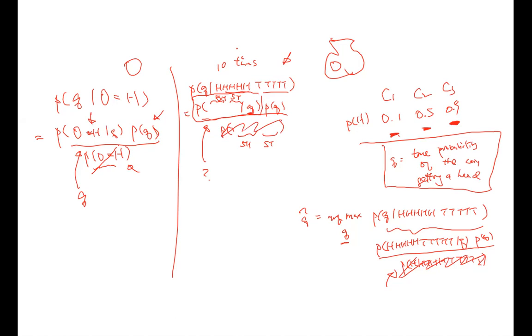For this MAP estimation, it would be just trying to maximize this. It would be equal to, again, the maximum likelihood value multiplied by the prior. Now my question is, what's this maximum likelihood here?